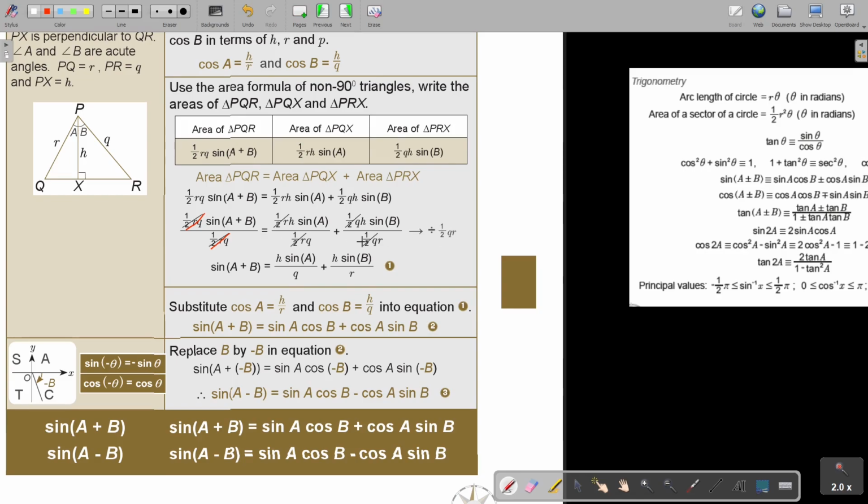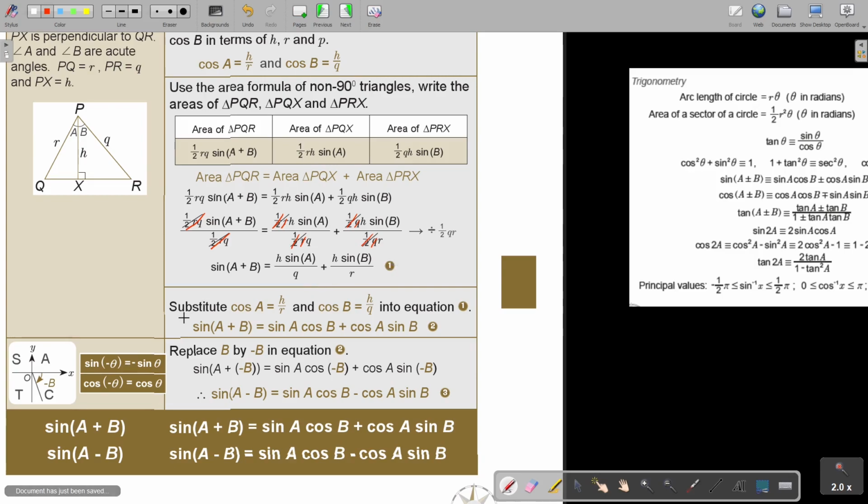If I divide by half qr, the half cancels out, the r cancels out, but I'm left with the h and the q. In this case, the half cancels out, the q cancels out, but I'm left with the h and the r. And this will be equation 1.